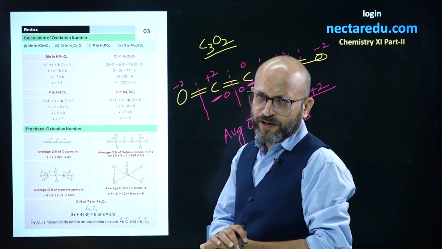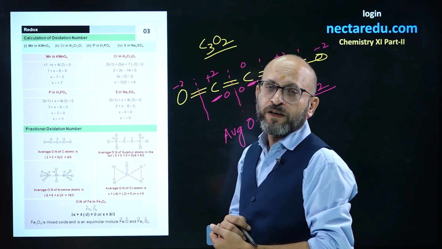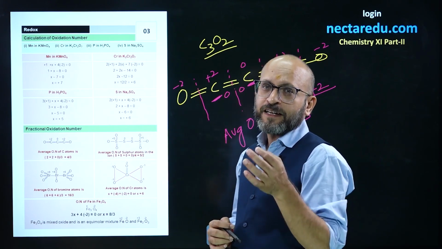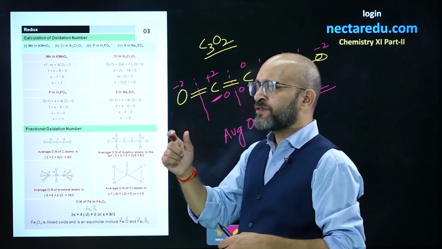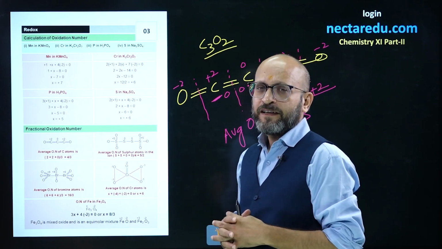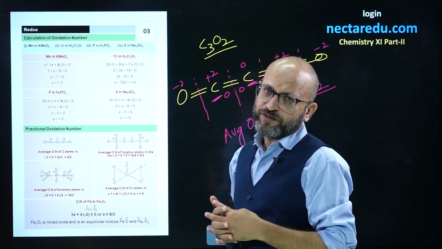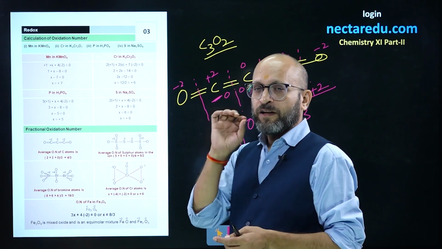When you take the average, +5 plus 0 plus 0 plus 5 divided by 4, you get 10/4, that is 2.5. So when we get fractional or decimal values, it is because of averages. Otherwise, each sulfur atom will have a definite whole number.